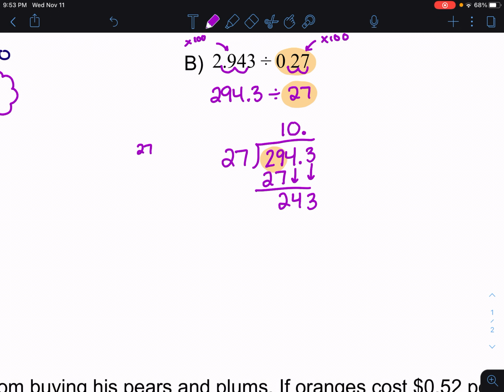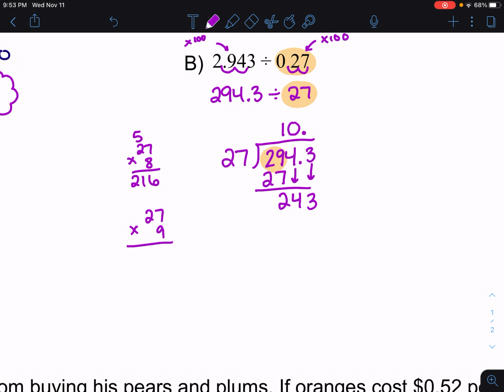And then 27 times, let's try 8. 8 times 7 is 56, carry the 5. 8 times 2 is 16, plus 5 is 21.